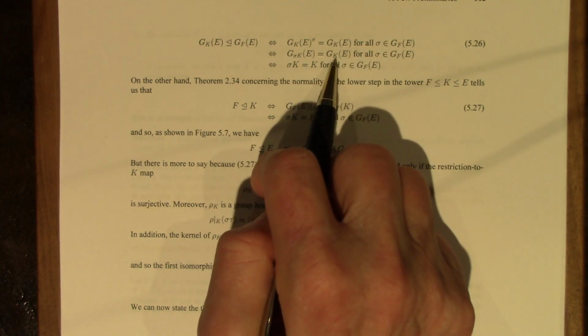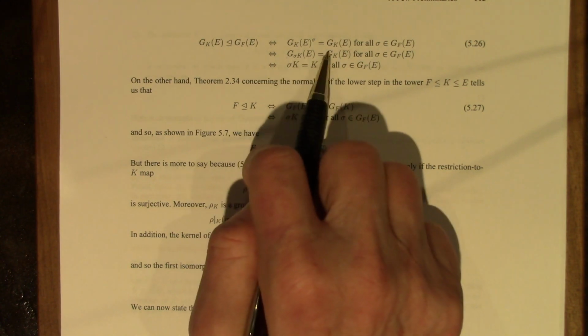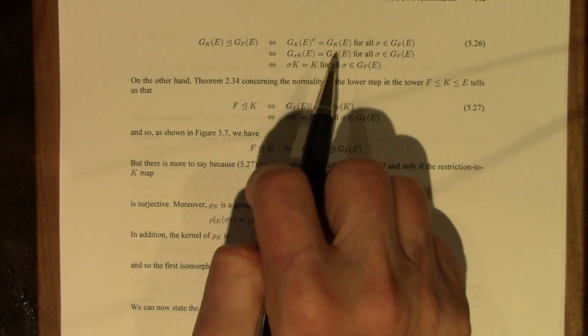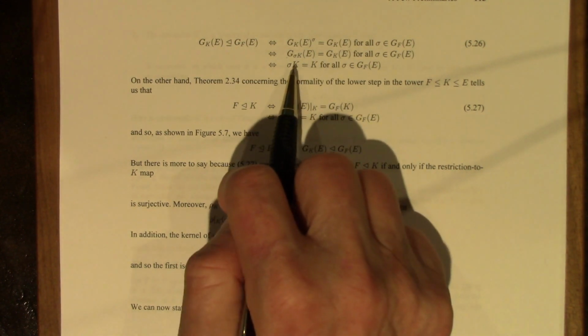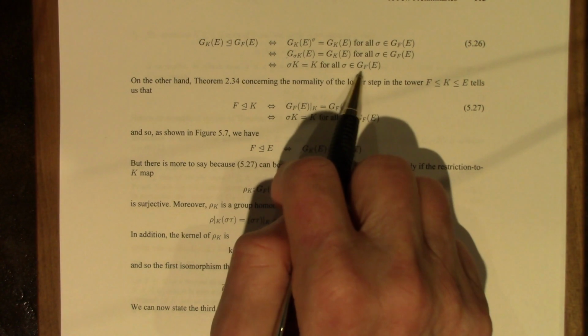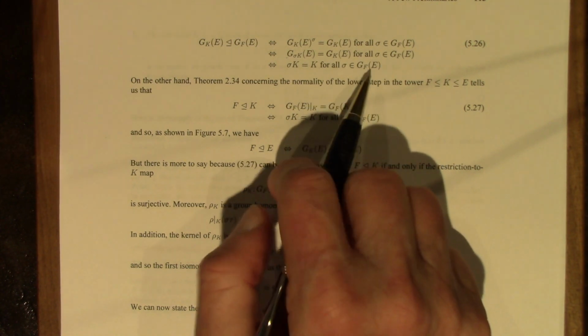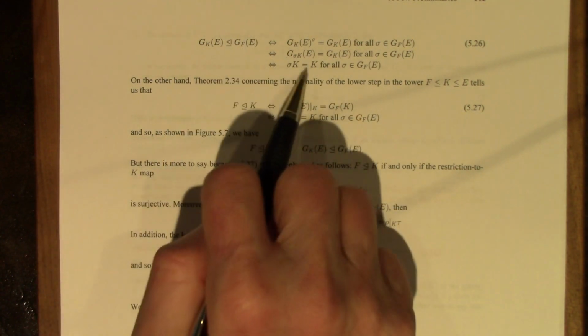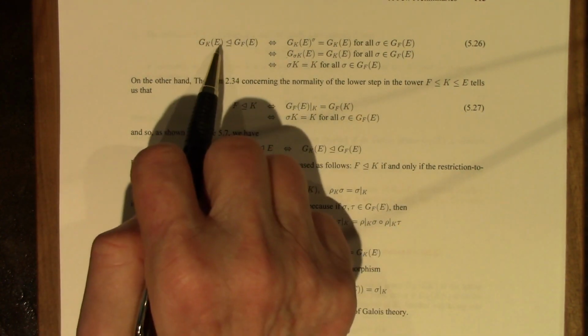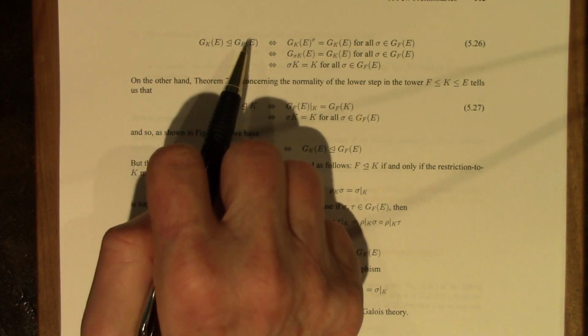And now, because the full extension is Galois, all the intermediate fields are closed, we can take fixed fields of this, and we will get σK equals K for all σ in G(F/E). Okay? So we have an equivalent condition for the normality of G(K/E) in the full Galois group.